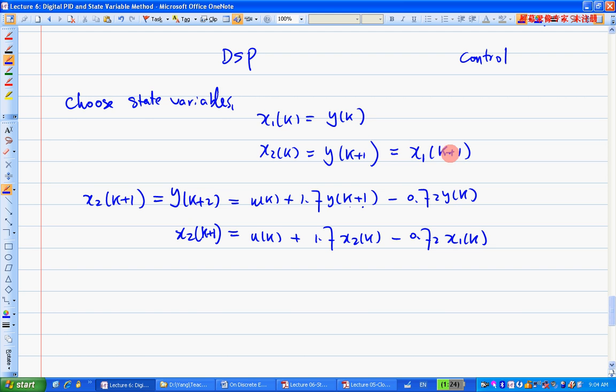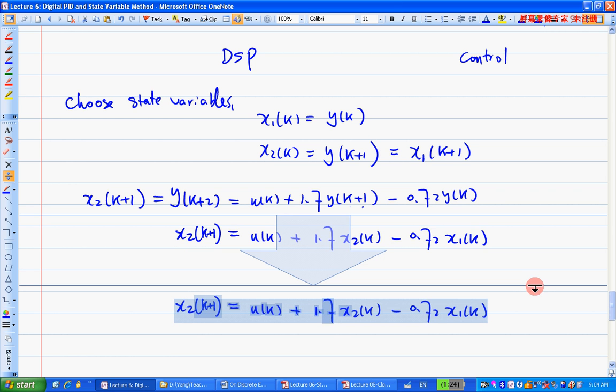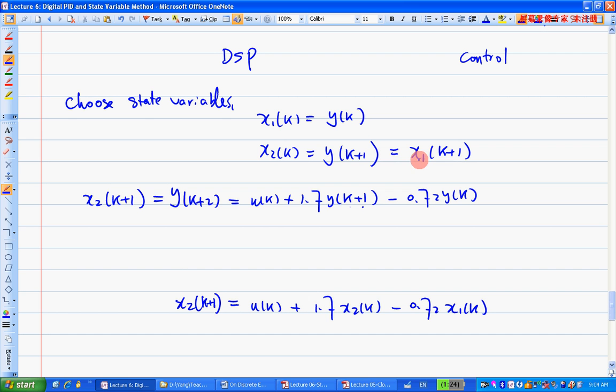Coming back here, what is x1 of k plus 1? Actually, I'm going to move this down slightly. What is x1 of k plus 1? It's x2 of k. Is that clear?